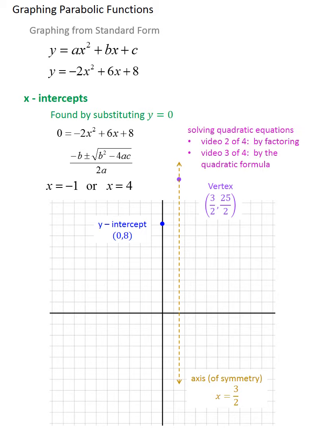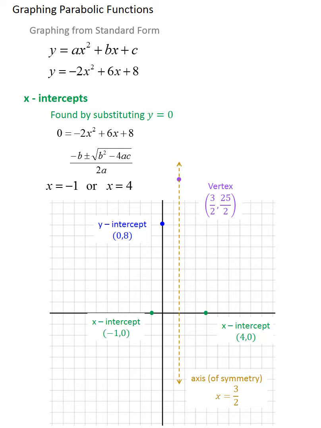It's a 4-video series. You can look at either video 2 or 3, and they'll thoroughly explain how it is that I got -1 or 4 as my 2 x-intercepts. And so, plotting those points, here they are, -1 and 4, plotted on the x-axis.